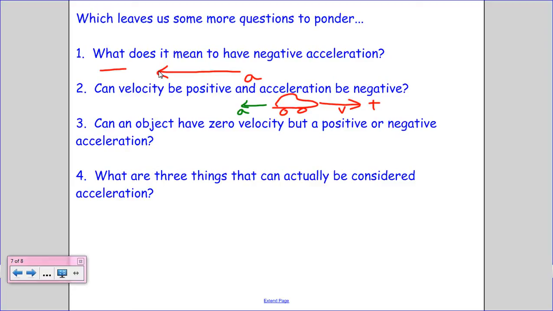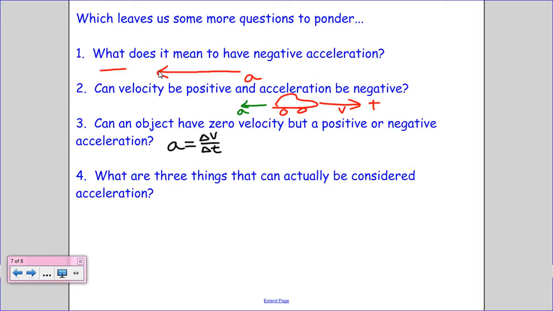Three, can an object have zero velocity, but a positive or negative acceleration? Interesting question. Well, we defined acceleration as a change in velocity over a change in time. Many people will look at this and say, oh, well, if velocity is zero, that means that acceleration has to be zero. But remember, it's not velocity over time, it's a change in velocity over time.